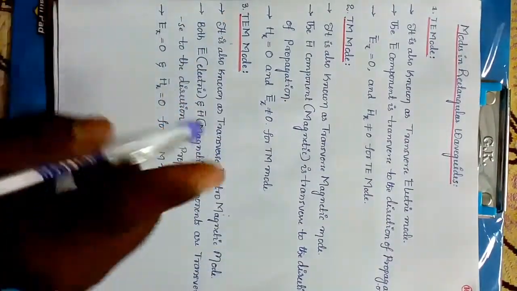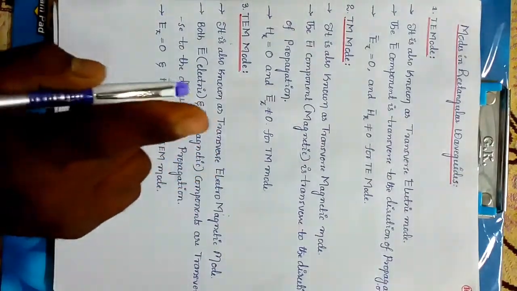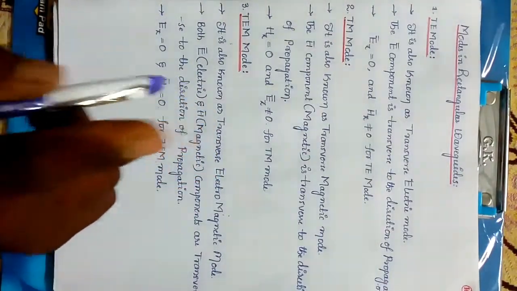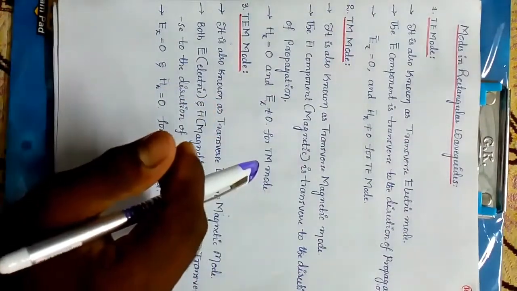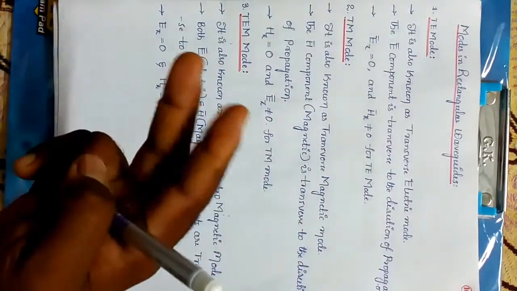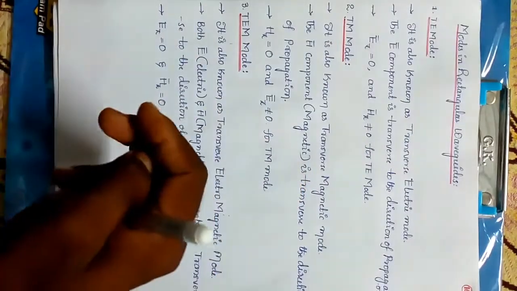In any waveguide only one component at a time can be transverse to the direction of propagation, but here two components are transverse to the direction of propagation. That is not possible.